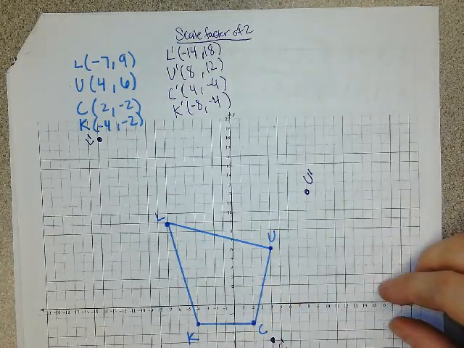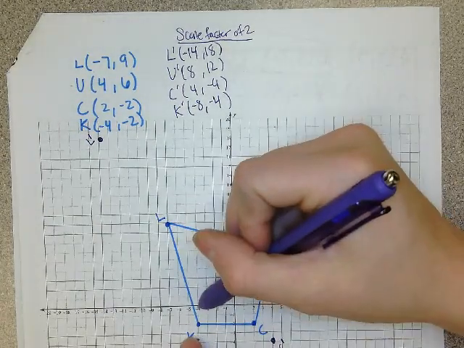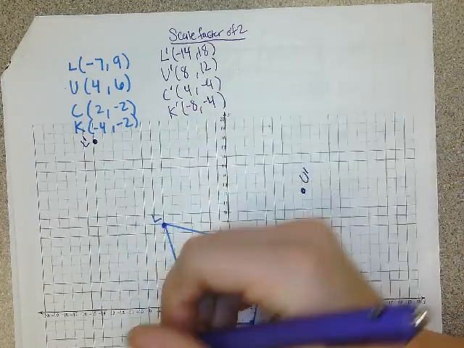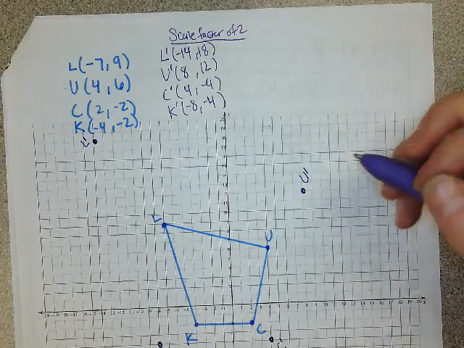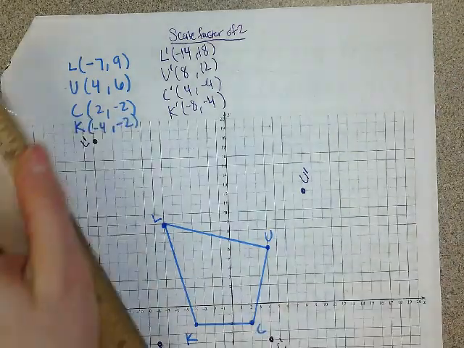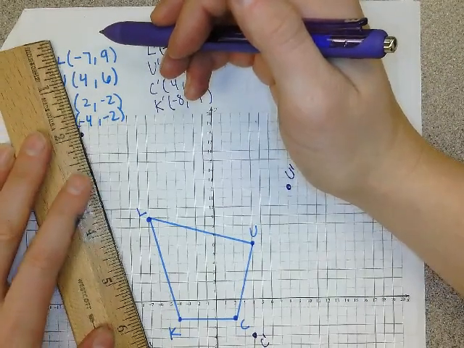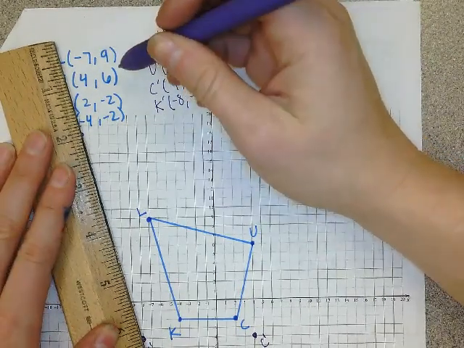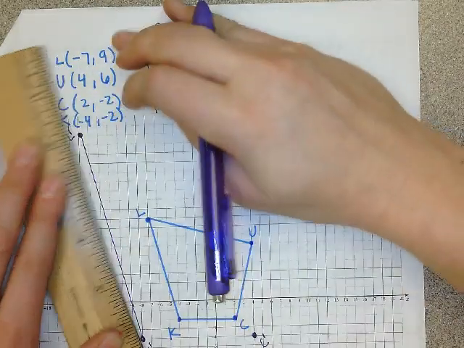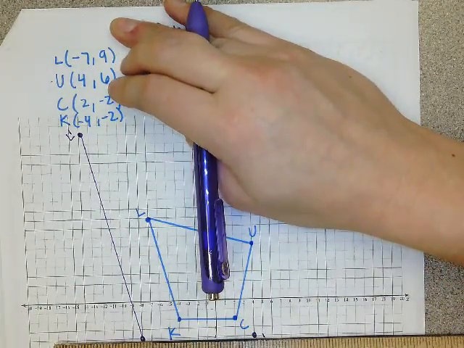And then K prime is negative 8, negative 4. All right, and go ahead and connect it. All right, was our prediction correct? Yes. Yeah, it got bigger. Look at y'all go. Getting it. Predicting the shapes over there.